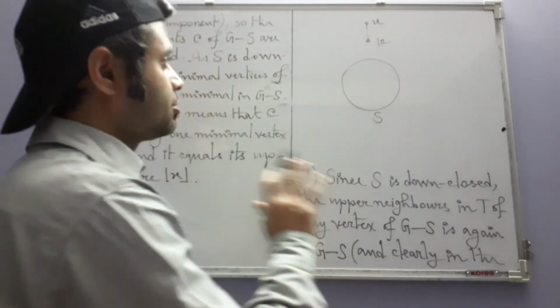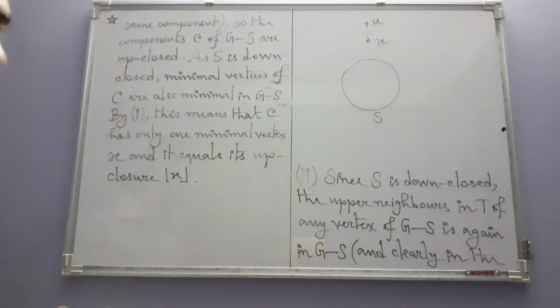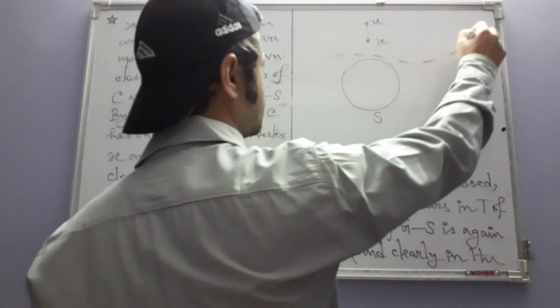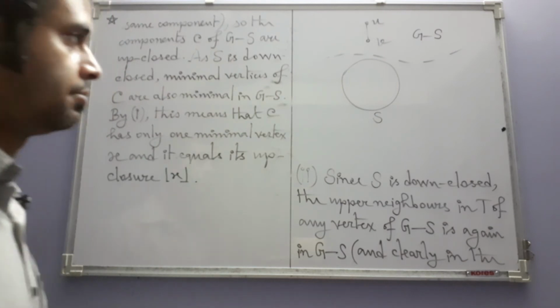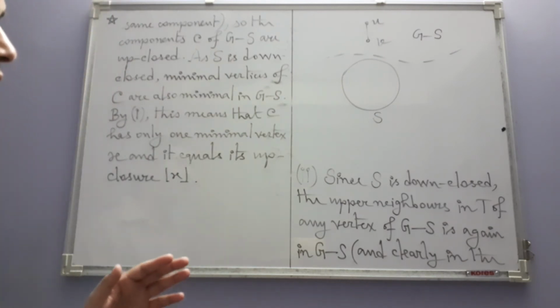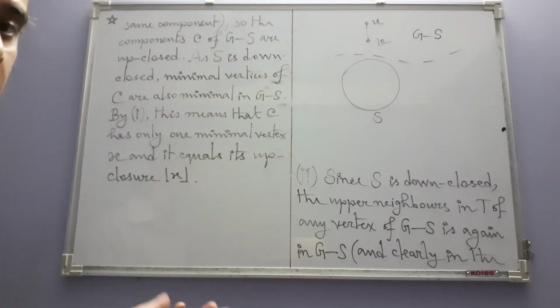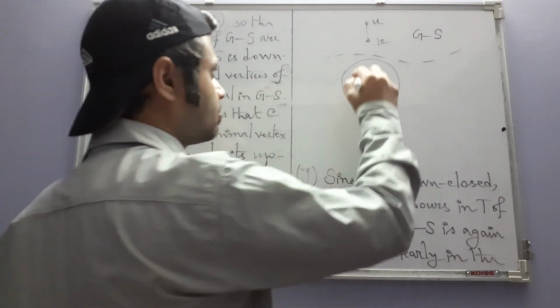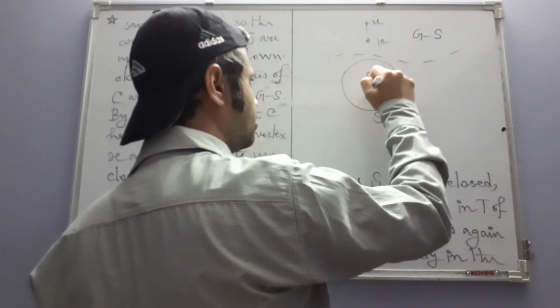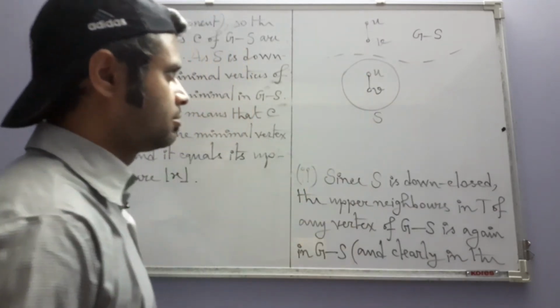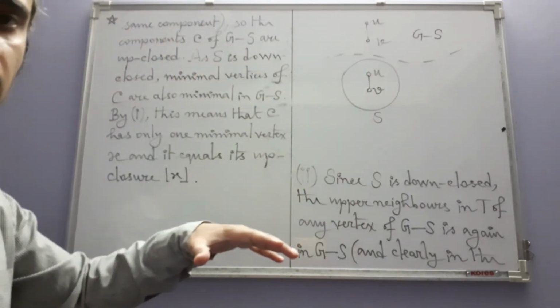This U also is in G minus S. Why? Because if U is not in G minus S, it is in S. And in that case, V would also be in S because S is down closed.